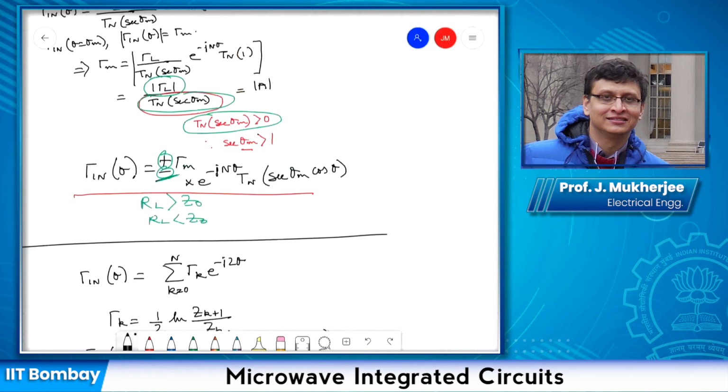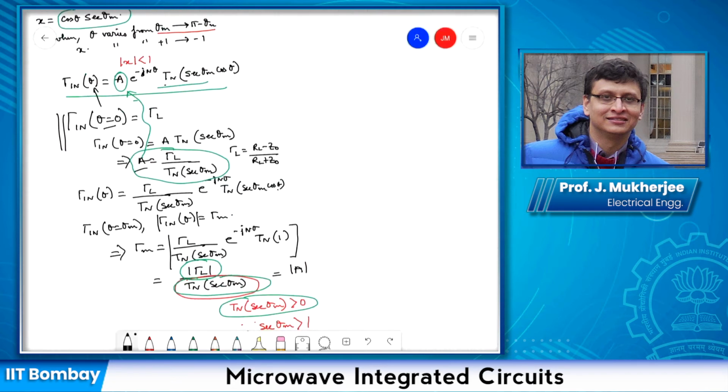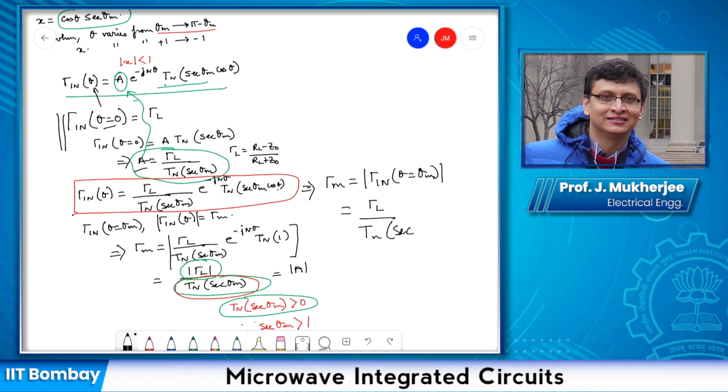Now coming back to this equation, from here we can write this gamma m, which is equal to modulus of gamma in at theta equal to theta m, is equal to gamma L times Tn sec theta m, gamma and magnitude in the numerator.